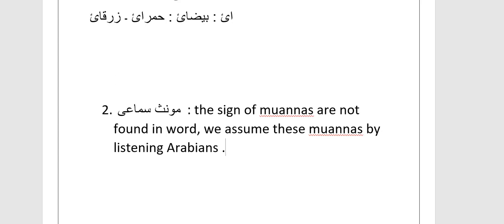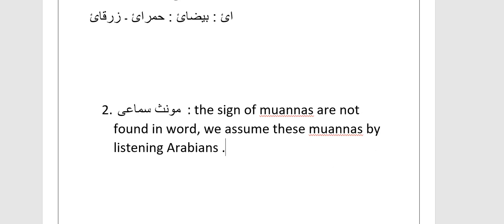So in muannas simai there is no sign of muannas in the word itself, but we heard the Arabians using the word as muannas, and then we also start using those words as muannas because of course it's their language, we have to follow their rule.